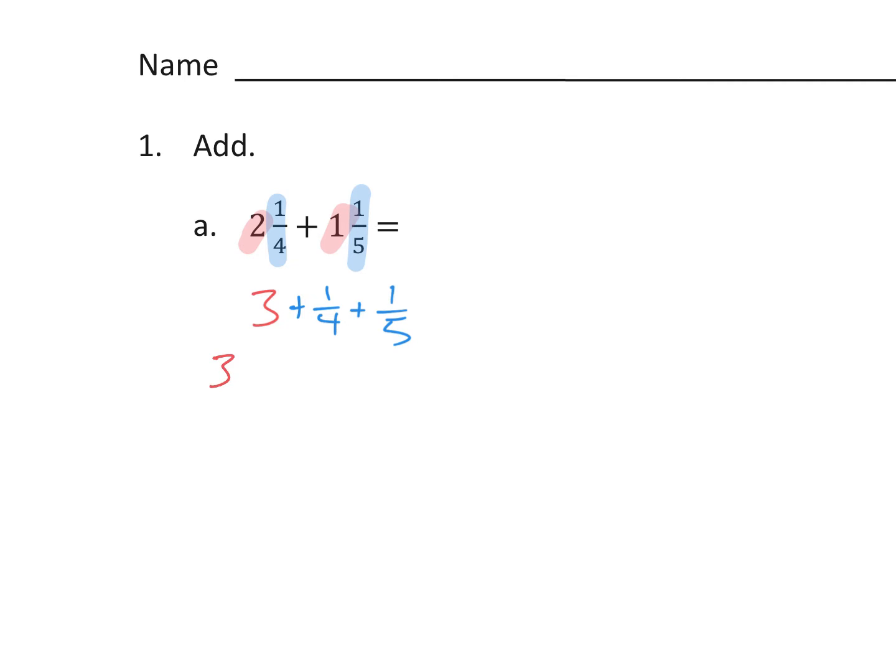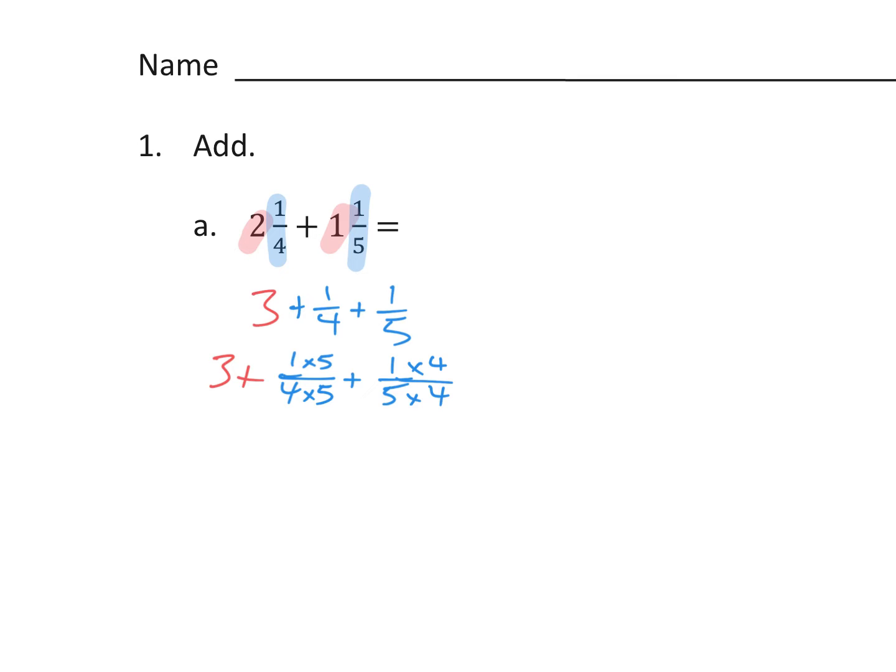I'm going to have 3 plus 1/4 times 5 over 5. Now, where did I get that 5 from? I got the 1/4 from right here, and I got the 5 from right there. Then I'm going to do the same thing to the fifths: 1/5 times what? 4 over 4.